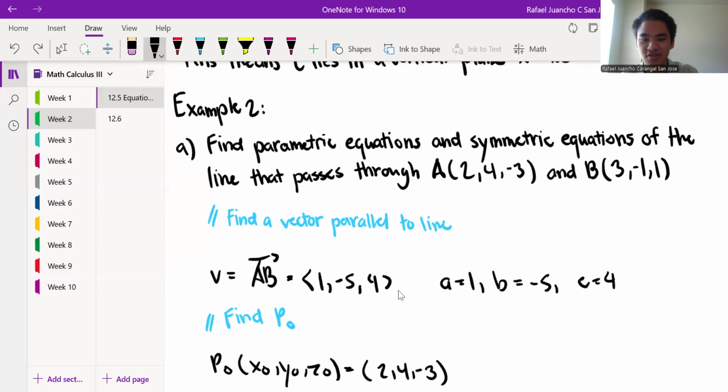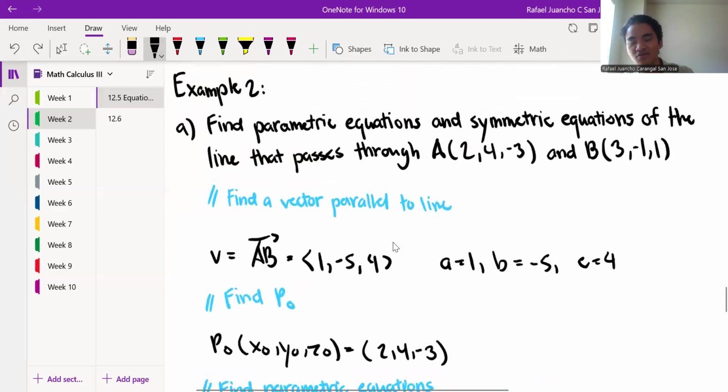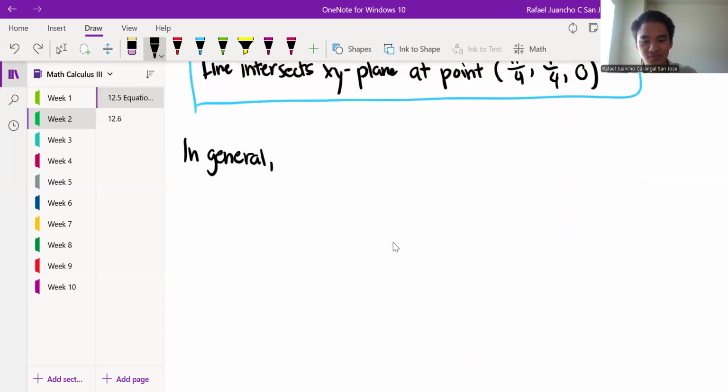And so actually, these direction numbers, we can denote them as a difference of 2 points instead of just a vector that's parallel to some line, right?